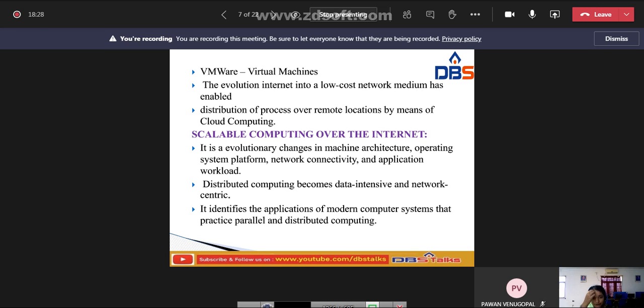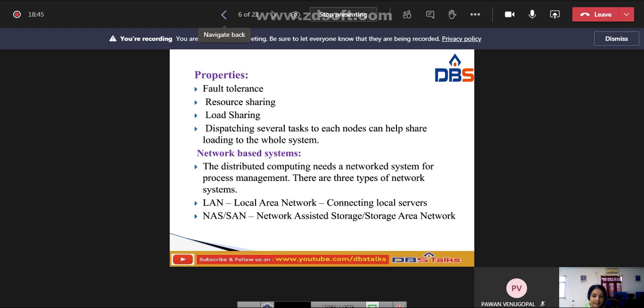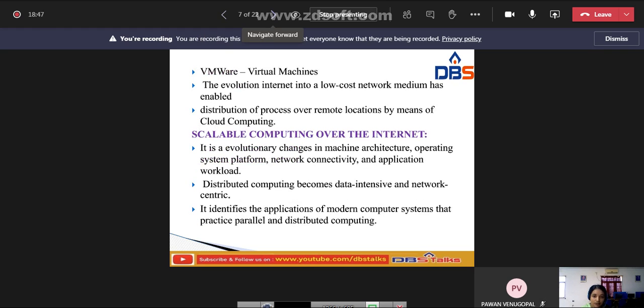The evolution of the internet into a low cost network medium has enabled distribution of the process over remote locations by means of cloud computing. So these are the needs of distributed network based systems. Depending on the network, we distribute the data from one processor to another processor.